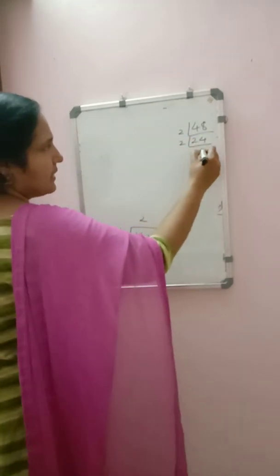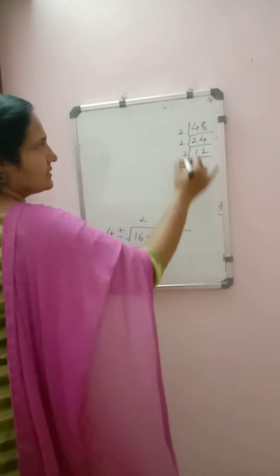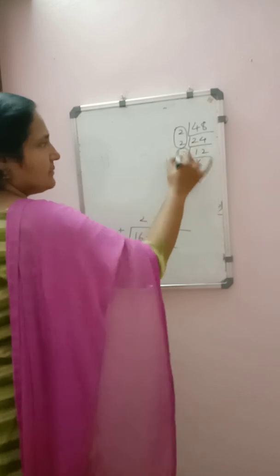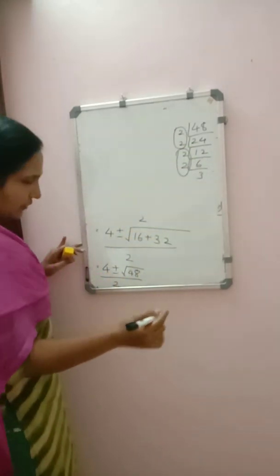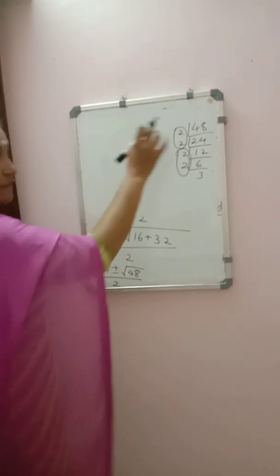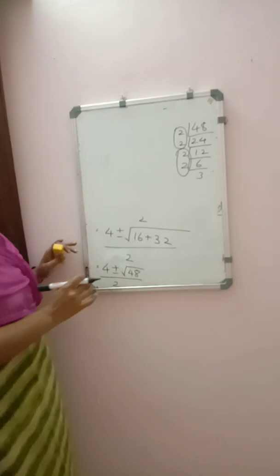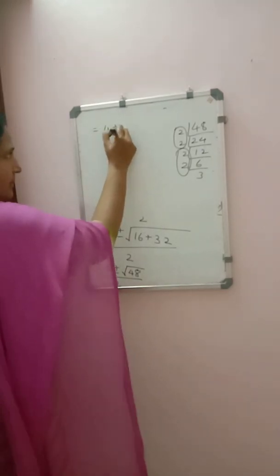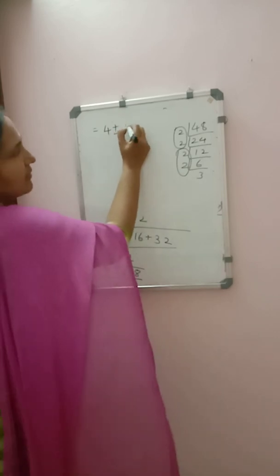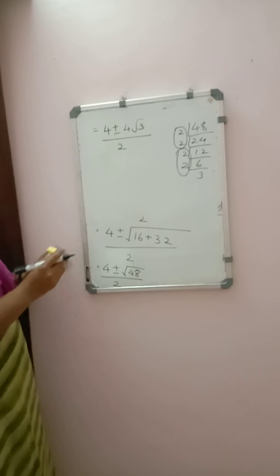Again we can divide it by 2. 2 6 are 2 3s are. 2 is in pair and 3 is alone. So 2 into 2 is equal to 4. So 48 can be written as 4 root 3. 3 will be inside the root because 3 does not have any pair. So it will be equal to 4 plus or minus 4 root 3 by 2.